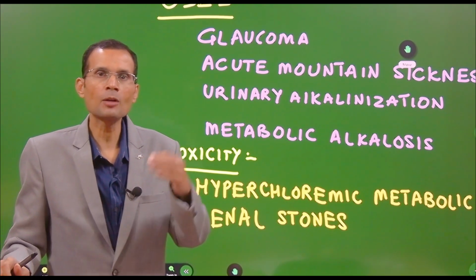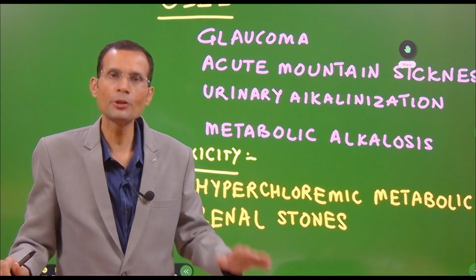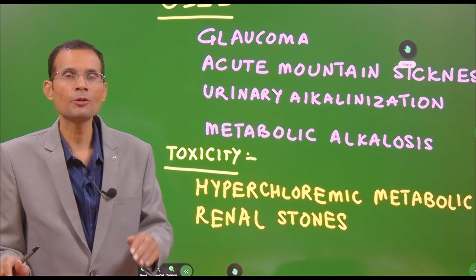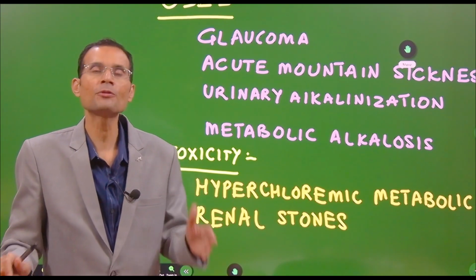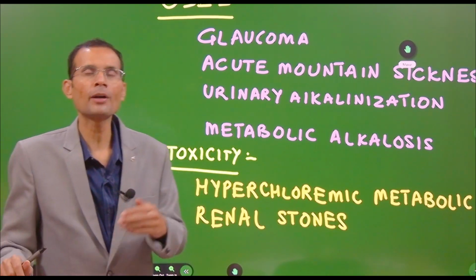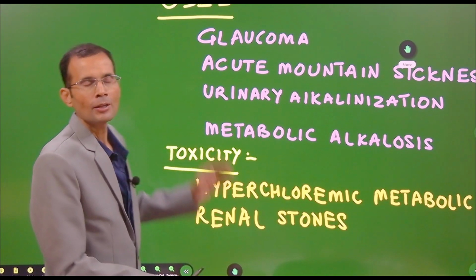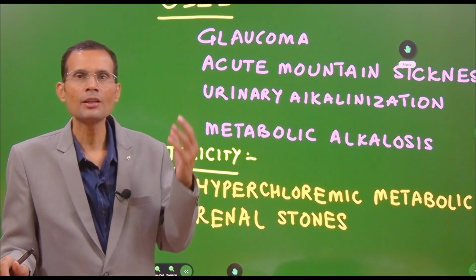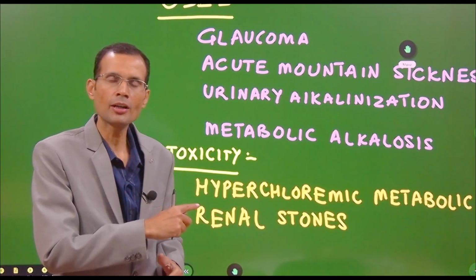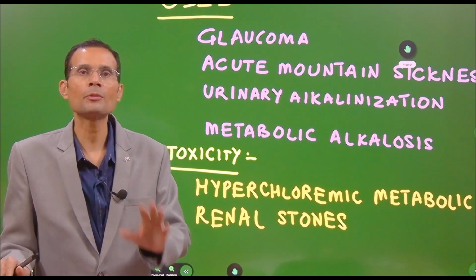So if this bicarbonate secretion into the CSF is blocked, then CSF volume will decrease a little bit, and plus there will be alteration in the pH of the CSF. This is known to prevent acute mountain sickness or will provide some relief in it. The mountain sickness is associated with increased intracranial tension, nausea, vomiting, etc. And these drugs will decrease the CSF volume, thereby decrease the intracranial tension, and thereby they can provide relief.